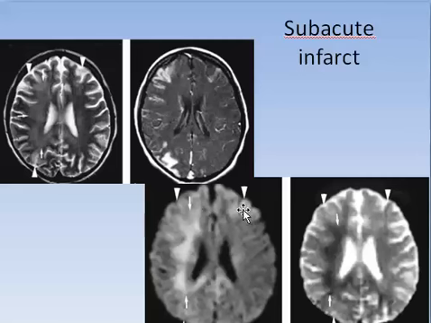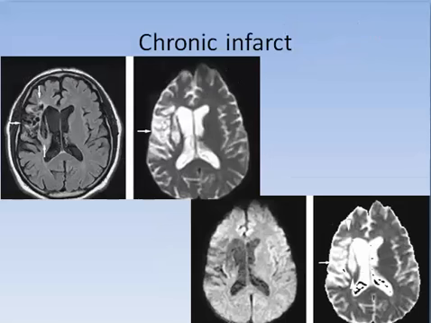So here bifrontal and right occipital with minimal edema here, seen also in ADC map. In chronic, there is no edema, no penumbra. It's only the infarct, which behaves like CSF.